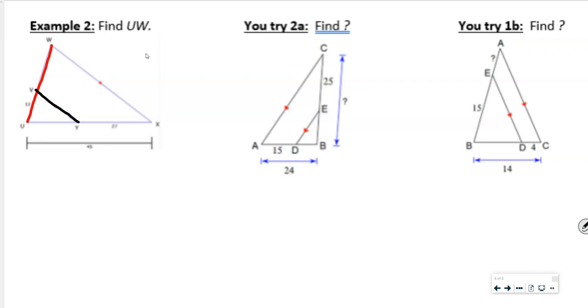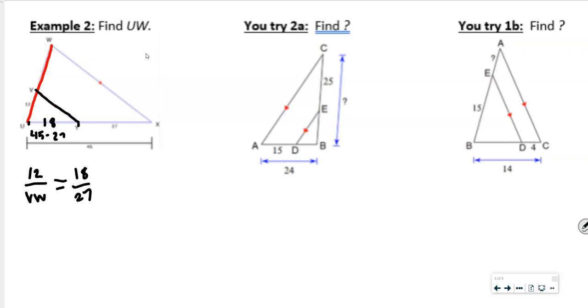I can find this UY right here by doing what? 45 minus the 27. So when I do that, I got 18 right here. So now we can do 12 over VW is equal to 18 over 27.